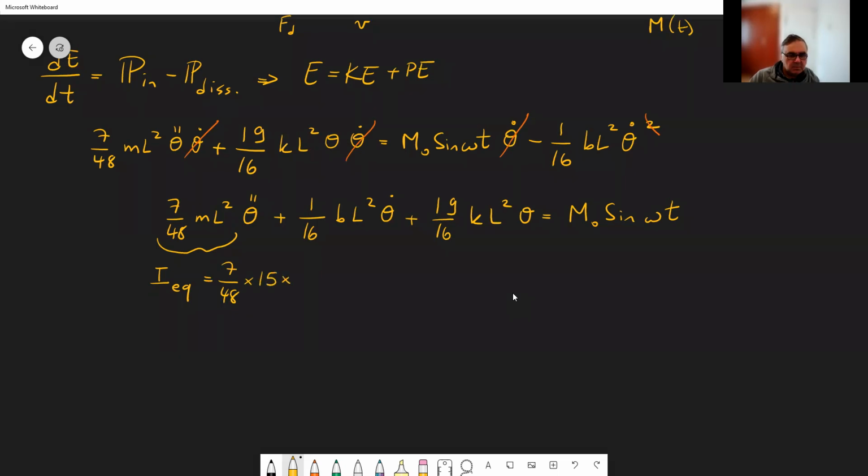Times 1.2. It was 3.15. But our equation can be converted to the following. If you divide everything by 7/48 m L squared, okay?